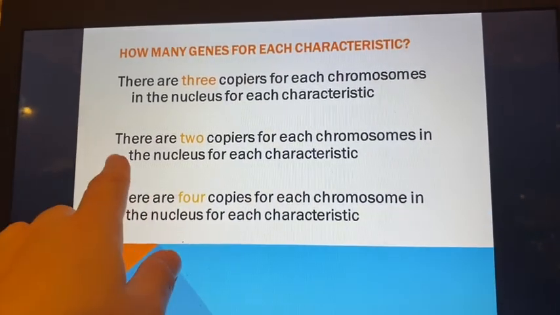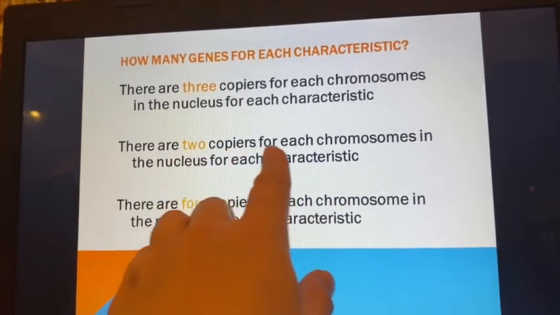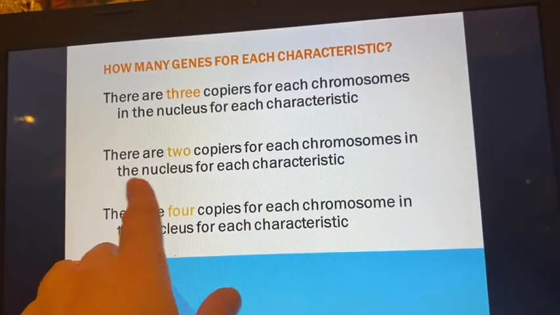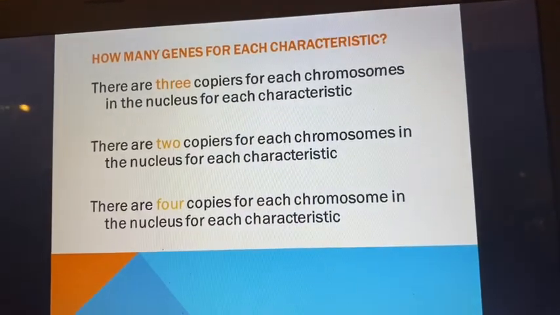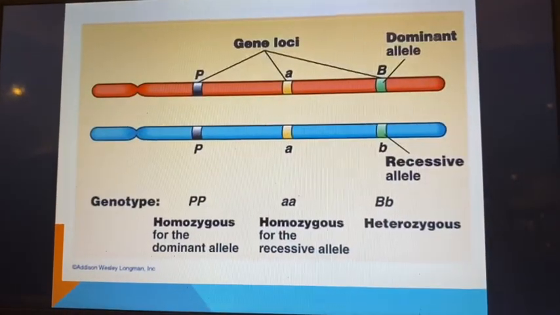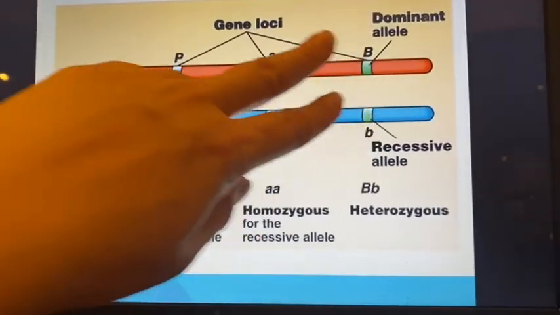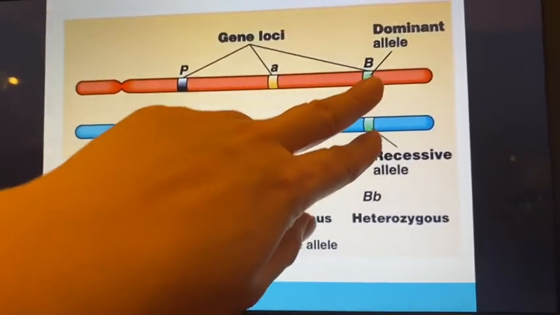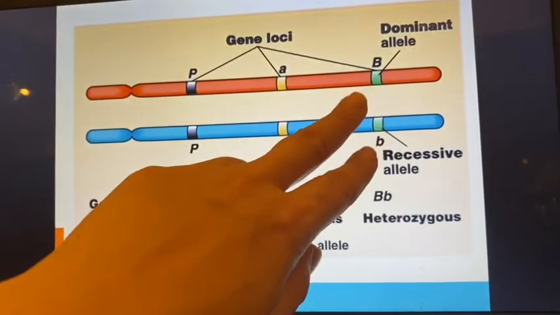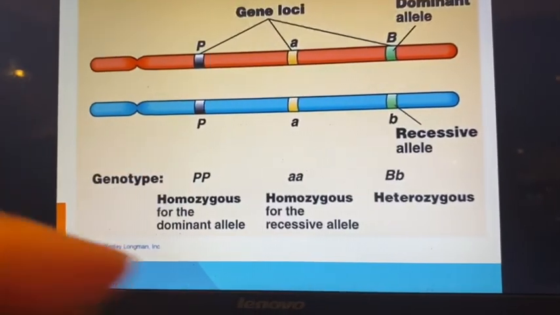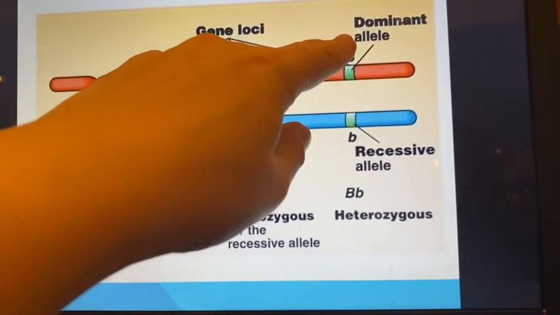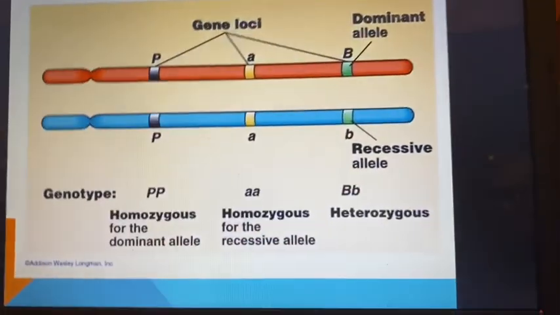We said there are 2 copies of each chromosome in the nucleus for each characteristic. Okay, so it's 2. This is the chromosomes. They are made up from genes. Now these genes are different forms for one characteristic. What are they called? They are called alleles.